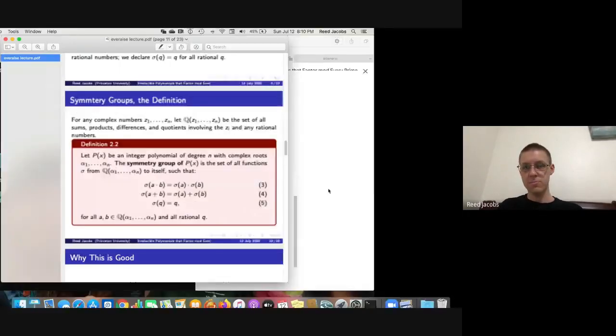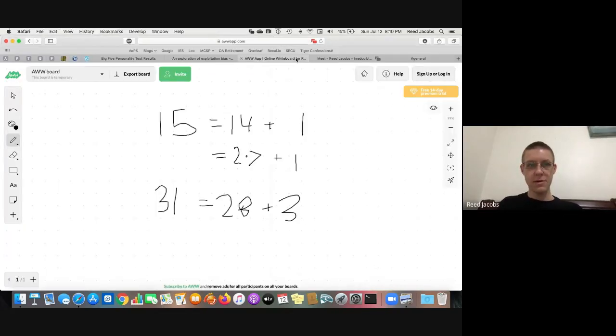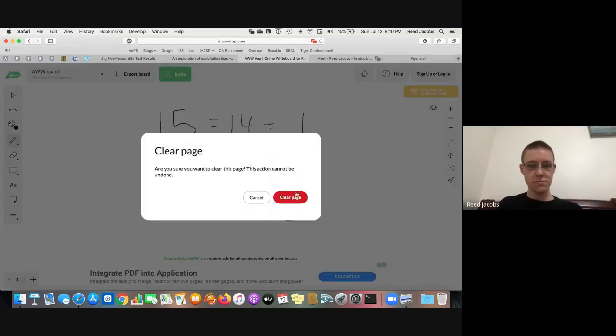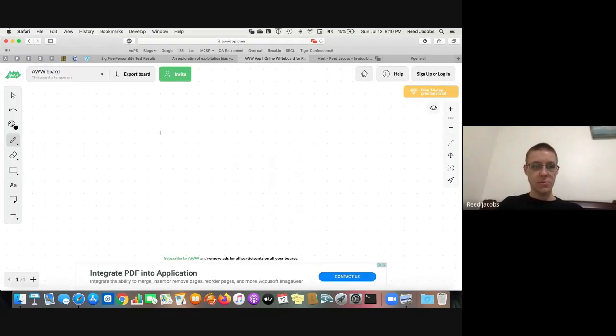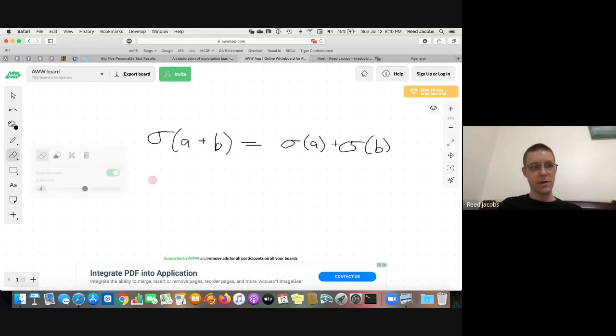To show this, I'm going to show you on the whiteboard. Recall that we have sigma of a plus b equals sigma of a plus sigma of b. Now let's set b equals 0.